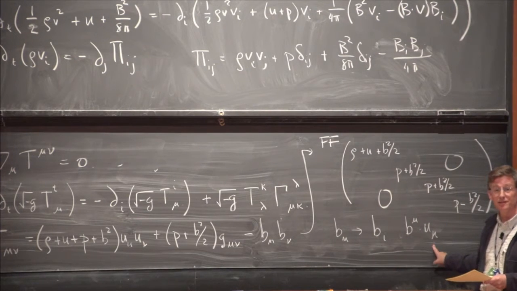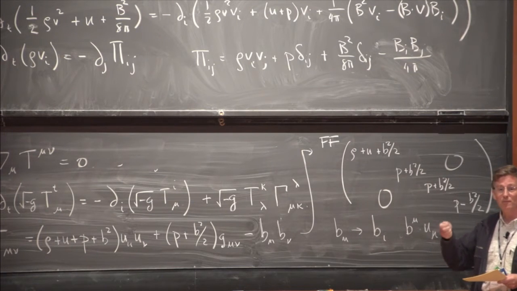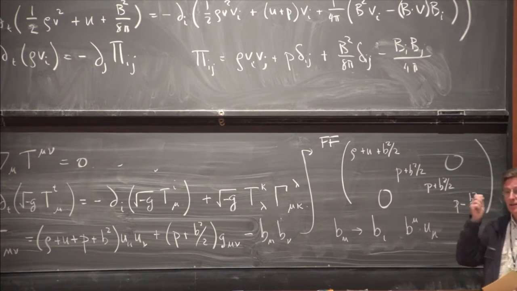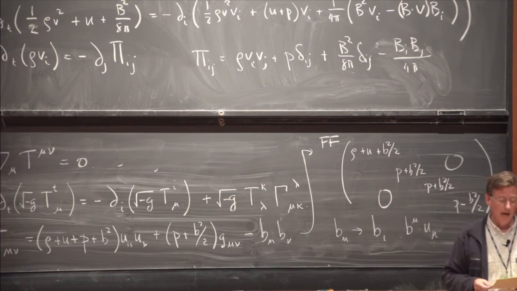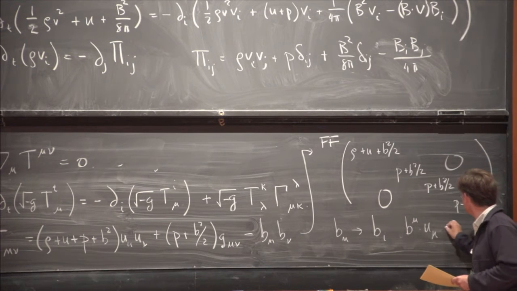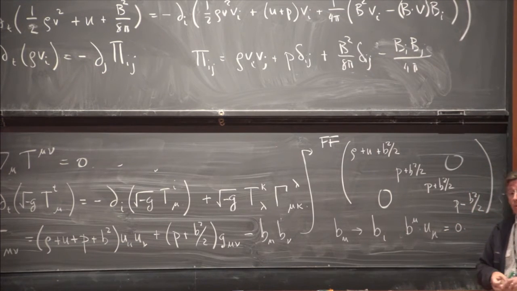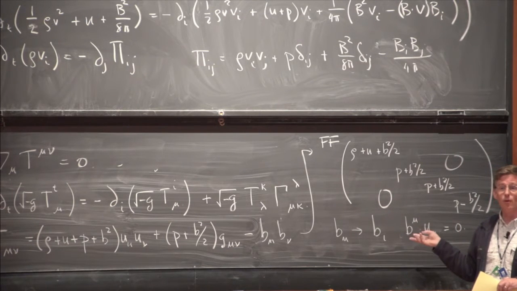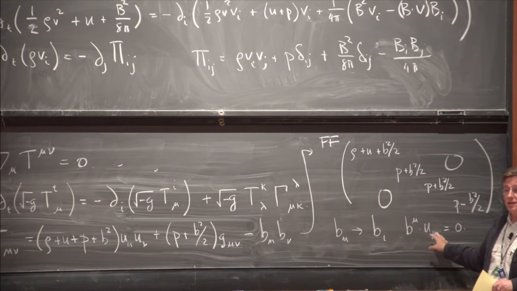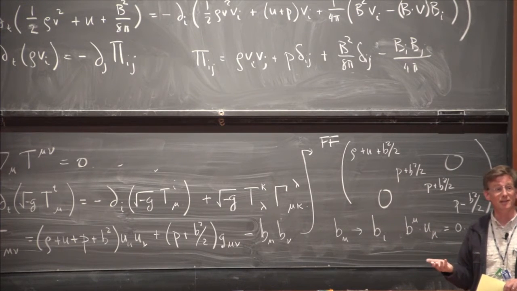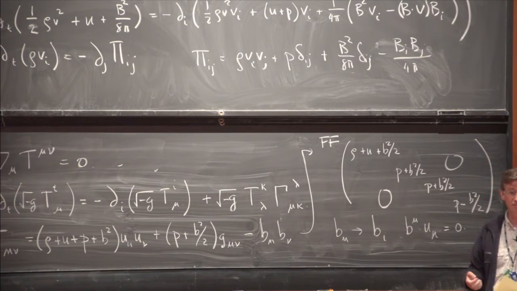So I take the dot product of this 4-vector with the 4-velocity, which picks out the time component. That component has to be 0. So what that tells you is that there are 3 degrees of freedom in this 4-vector, and then in addition, this constraint. So we have the same number of degrees of freedom in the relativistic case as in the non-relativistic case.